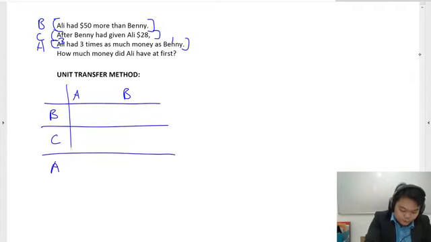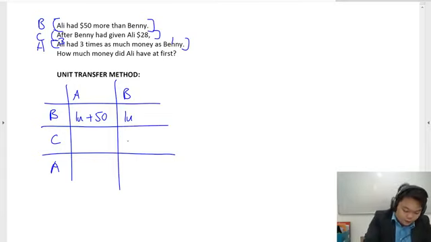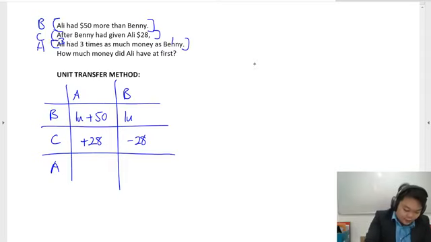we want to draw out the table, comparing A and B. When we see that Ali had $50 more than Benny, we tend to write this out like this. There will be 1 unit here and 50, another 1 unit over here. Benny gave Ali $28. And at the end, Ali had 3 times as much money as Benny.